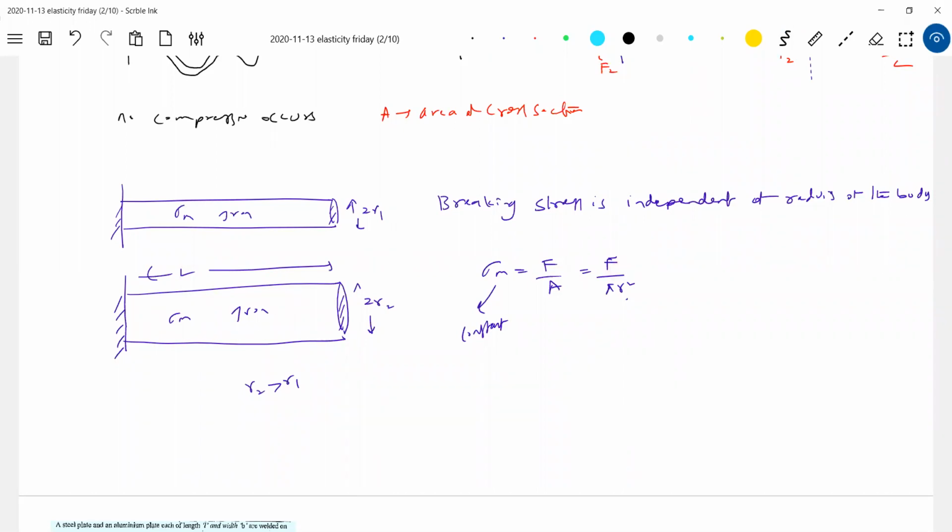The reason: F2 equal to sigma m pi R2 square, F1 equal to sigma m pi R1 square. As R2 is greater than R1, the force needed to rupture, F2, will be greater than F1. What are F2, F1? The magnitude of force that is needed.